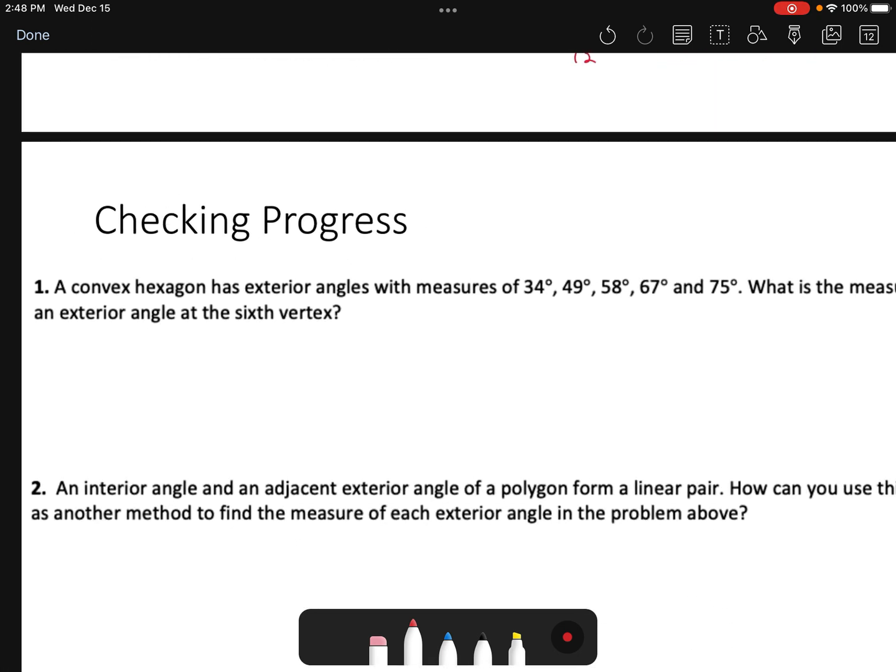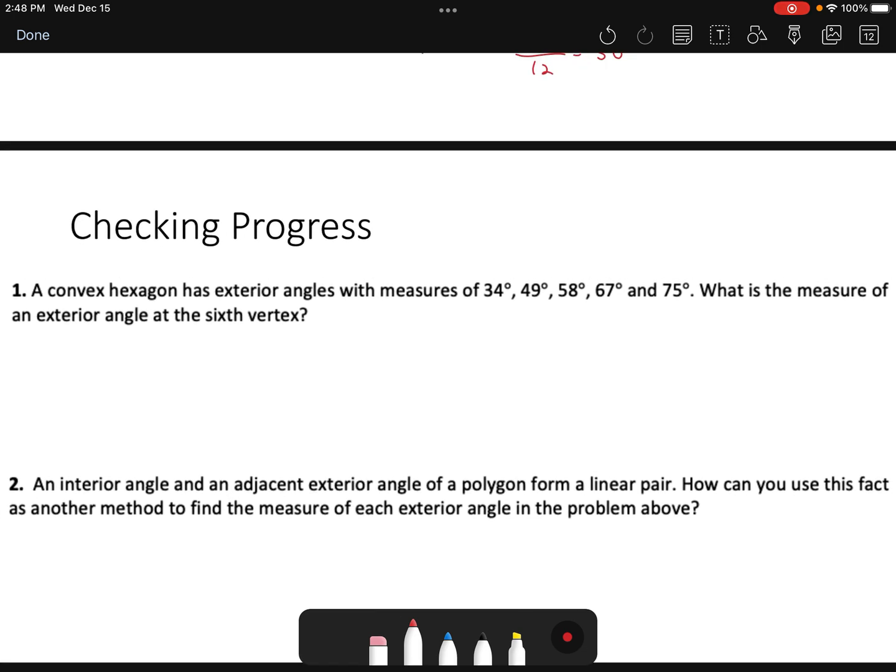Now, if we have a convex hexagon with exterior angle measures 34, 49, 58, 67, and 75, what's the measure of the exterior angle at the sixth vertex? Remember, hexagon means 6. Well, I don't know, but I know they all add up to 360 because they're exterior. So all we have, oh, that should be a plus.